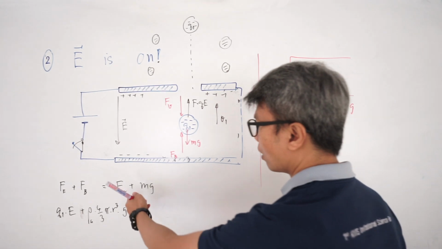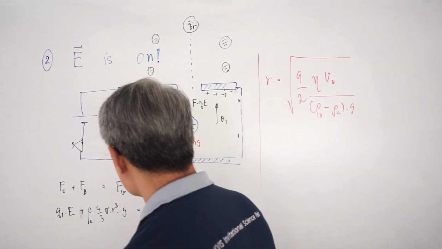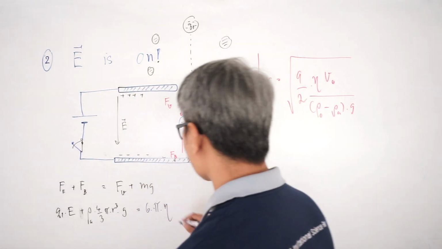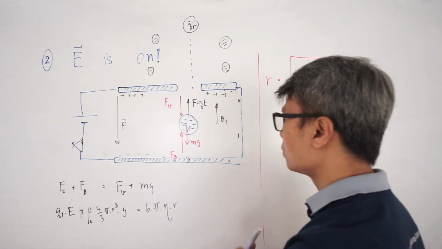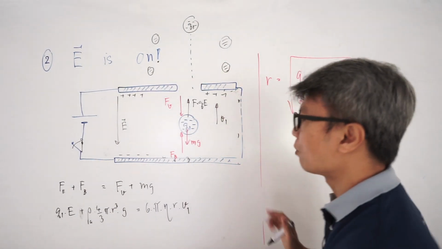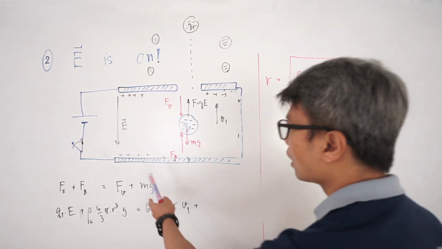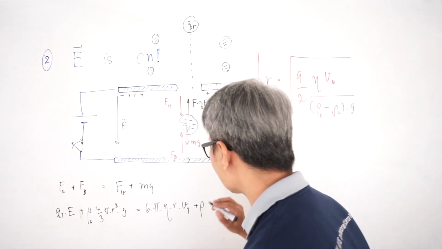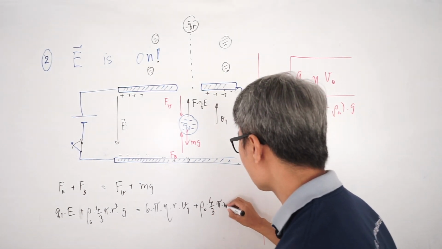Now the viscous force, when we apply Stokes' law, should be equal to 6 multiplied by pi multiplied by the dynamic viscosity, or eta, multiplied by the radius of the drop, the same radius as usual, multiplied by v1, which can be calculated from the rising time that we observe from our experiment. And this one should be m, in this case m of the oil drop, and m of the oil drop should be equal to rho of the oil multiplied by the volume of the oil drop, which we assume is a sphere.